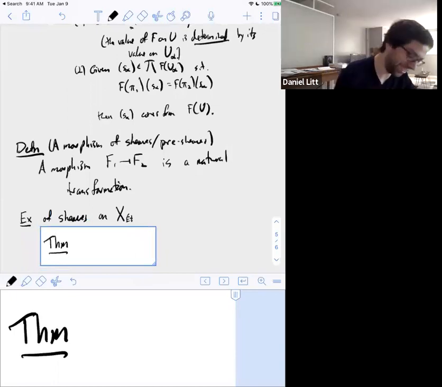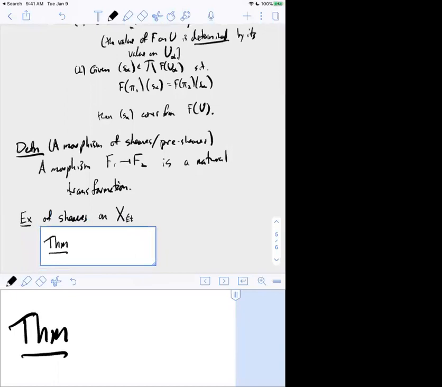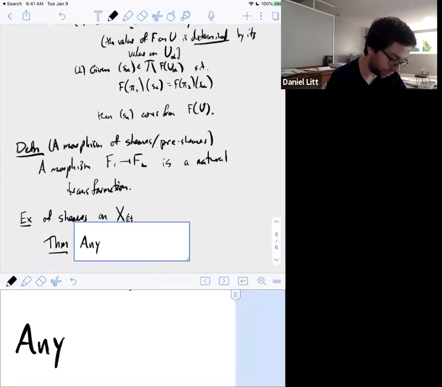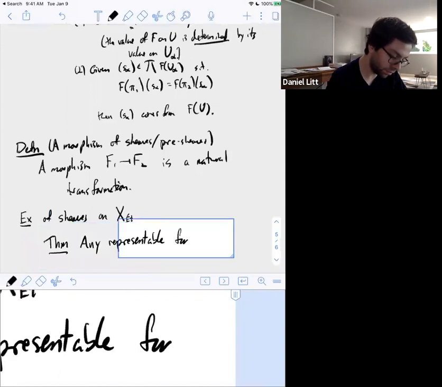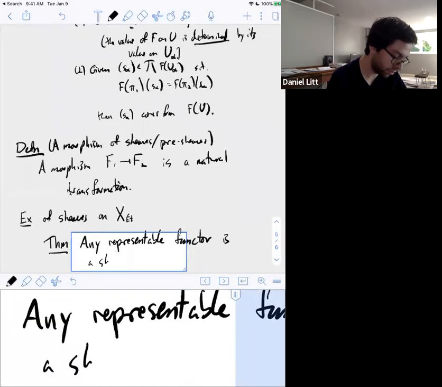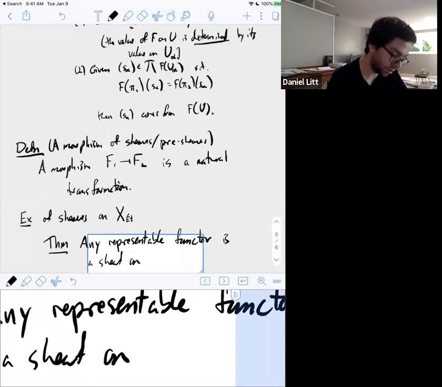I feel like we're going at a good pace. So the theorem is that any representable functor is a sheaf on X Étale.